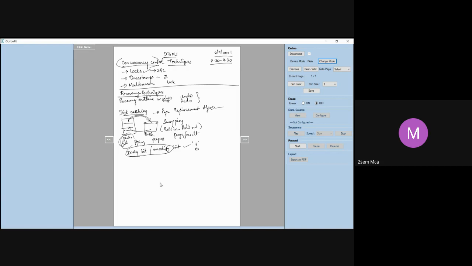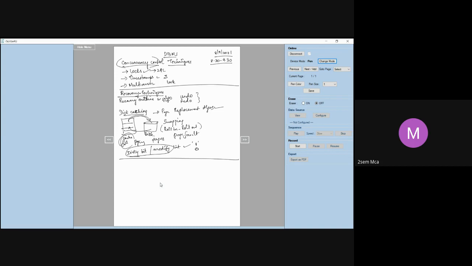Now, I told you that we are having a dirty bit. Let us continue from where we stopped. Today we'll be looking a little more into the different ways in which you can take a backup, and how pages are updated in the disk and so on. As I told you already, some of these concepts we would have already touched upon in operating system.